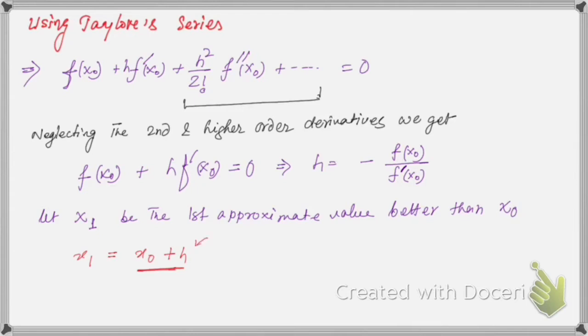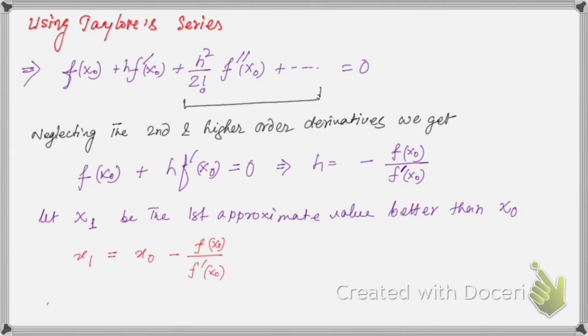Now if you put the value of h here, which we have obtained after neglecting the higher order terms, we can write minus f of x naught by f dash of x naught.